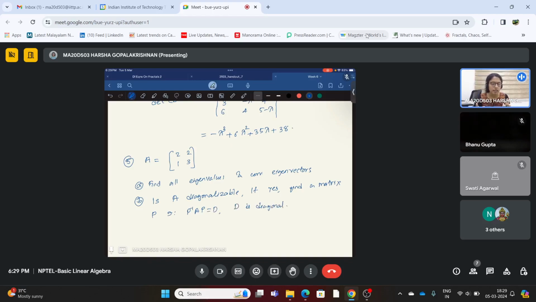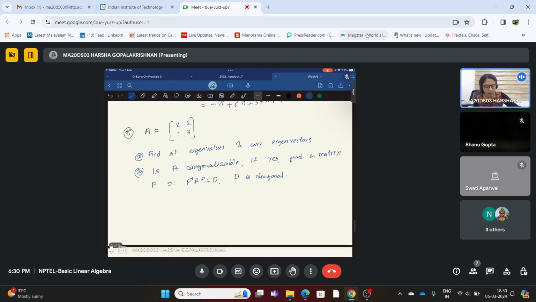If A is diagonalizable, there exists an invertible P such that P inverse AP equals D. If that condition is satisfied, we call A a diagonalizable matrix. So here the question is to find the required P, if it is diagonalizable. The next question is to find A power 6. After solving the first two parts, finding A power 6 will become an easy task.